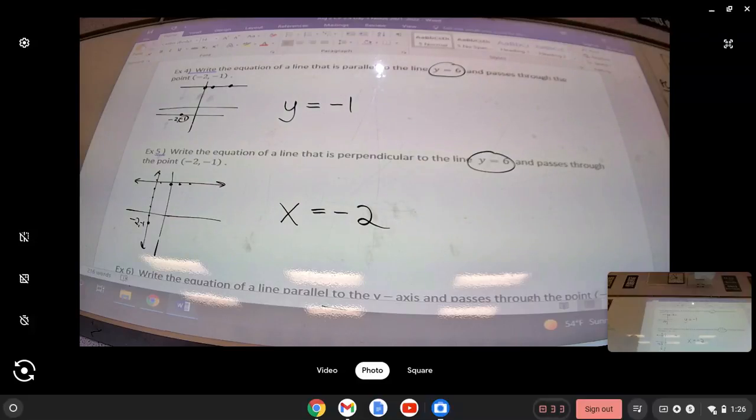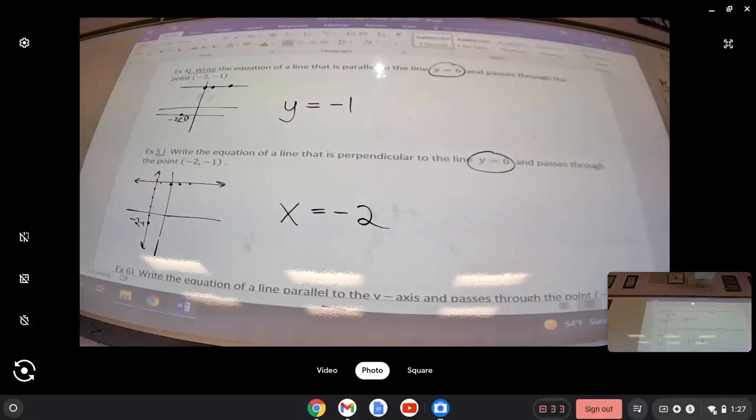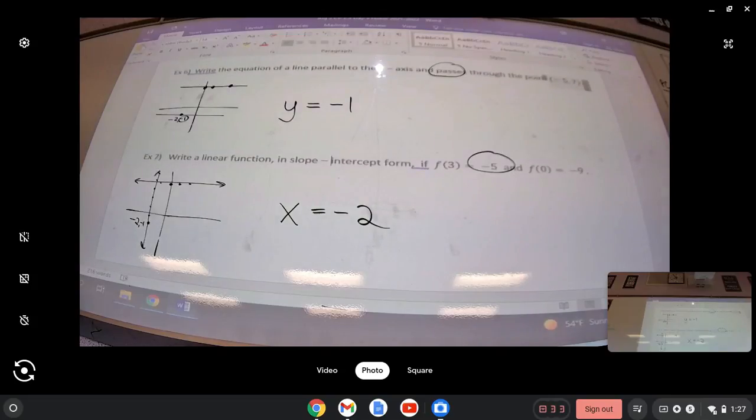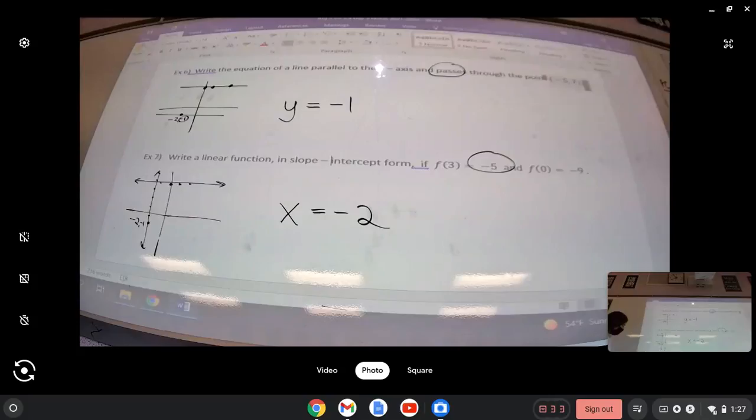I'm sorry, I know that sounds horrible, but that is shameful if you don't know which coordinate stays the same. All right, and we've graphed these, and we've talked about their parallel and perpendicular slopes. So you guys always act like it's brand new information. It's not. I taught this. Your freshman teacher taught it. Your geometry teacher taught it. Your 8th grade teacher taught it. At some year, you have to let it sink in.